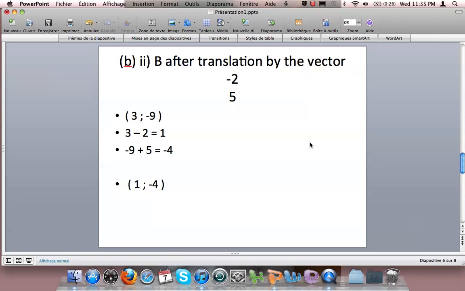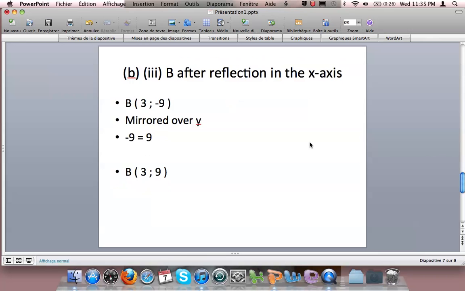So we can do it easily. It's (3, minus 9), so 3 minus 2 gives x equal to 1, and minus 9 plus 5 gives y equal to minus 4. So B after translation by the vector (minus 2, 5) is (1, minus 4).